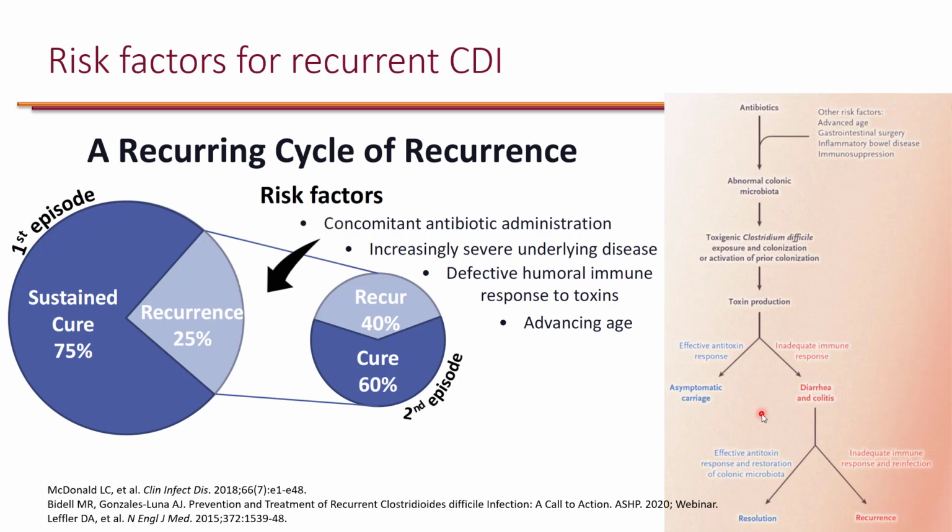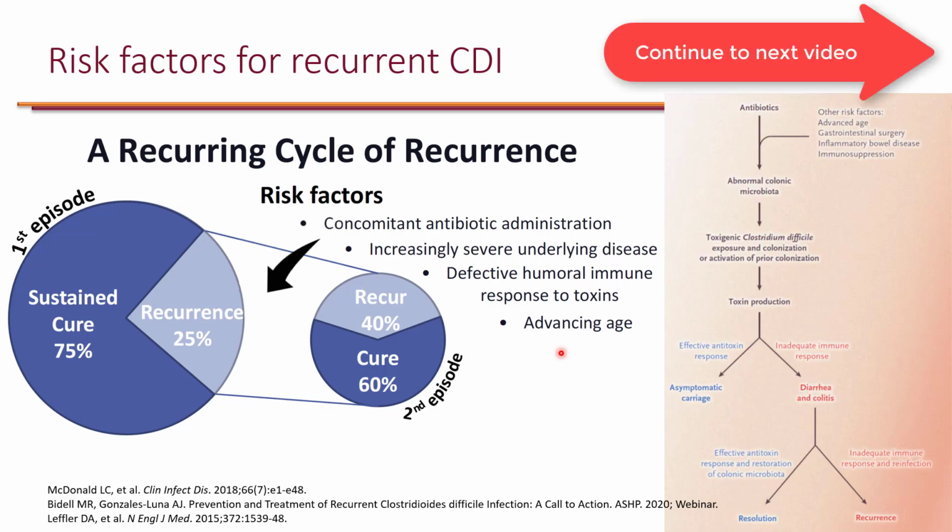It also makes sense that advanced age is a risk factor because advanced age is associated with low antitoxin B antibody. In fact, antitoxin B titers at baseline and at week 4 correlate inversely with recurrent C. diff infection in studies.